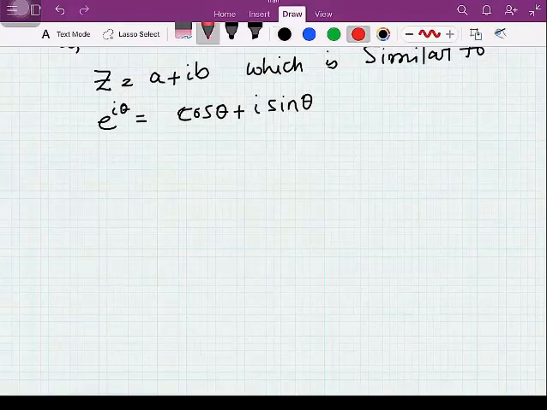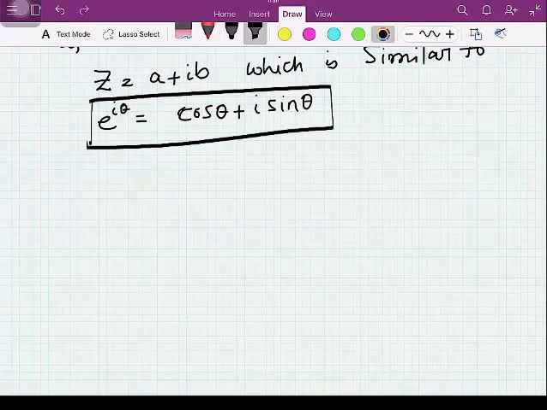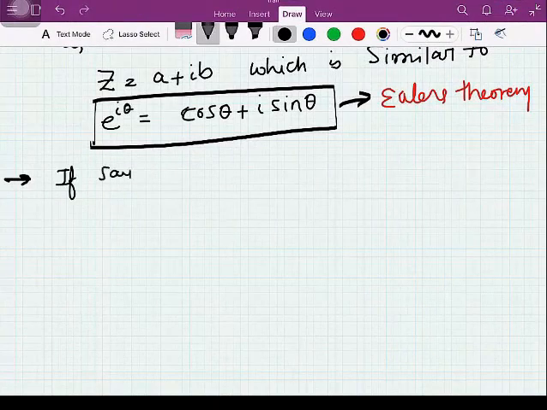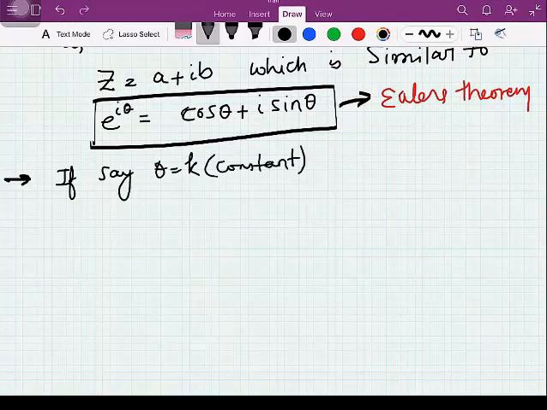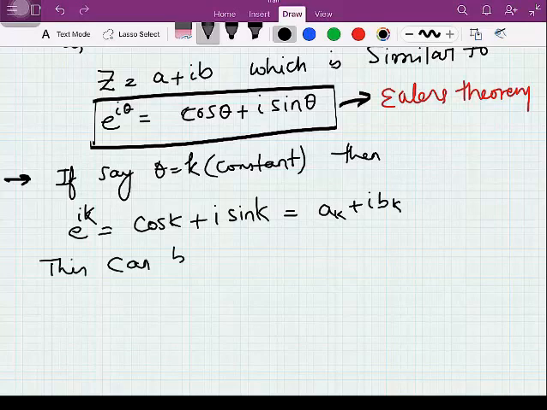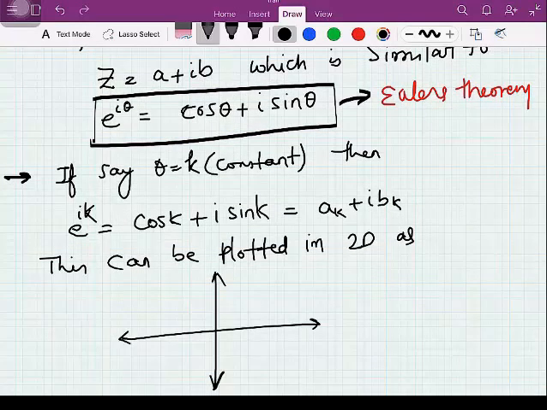And this is the famous equation given by Euler, and it is termed as Euler's theorem. If we plug some random value for theta in e^(iθ), we will get a complex number. And this complex number can be similarly plotted in 2D as shown.